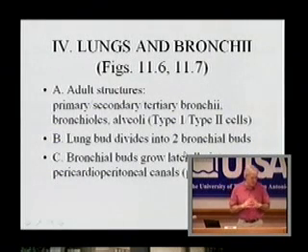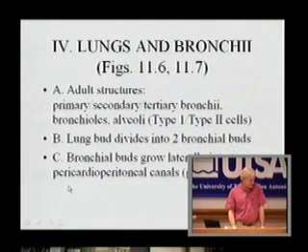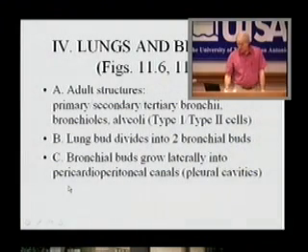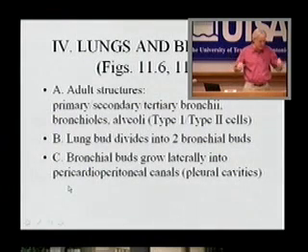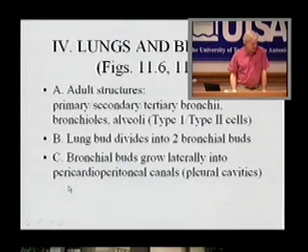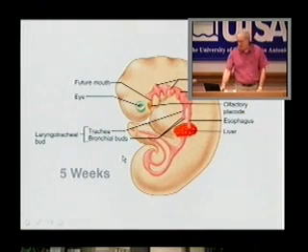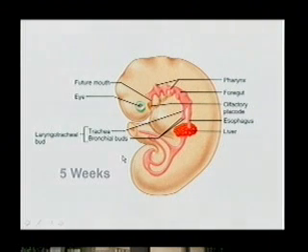So the first branch is the primordial trachea, of course, and we know that that splits into the two primary bronchi, right and left, and that's what these bronchial buds represent. So these bronchial buds are going to grow laterally into the pericardial peritoneal canals, forming the pleural cavity as this proceeds. So let's follow through with a few illustrations that help us to visualize this a little bit better than me just shouting out words.